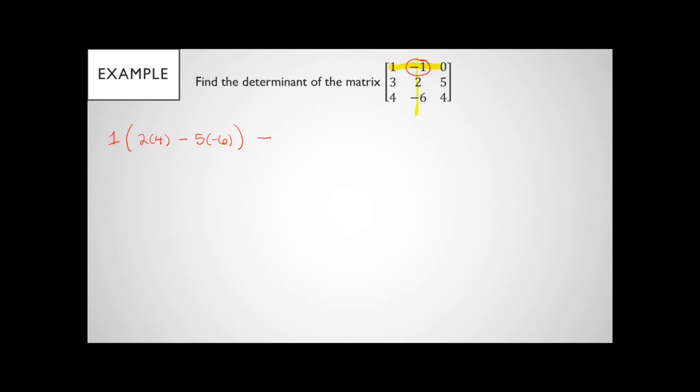So I'm looking at -1 here, and because we're subtracting that -1, I now have a double negative there. Now for my determinant, I'm going to take 3 times 4, subtract 5 times 4. And you can get lost in the parentheses, so that is something to be careful about.